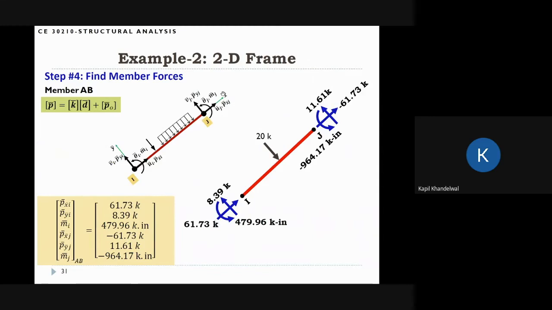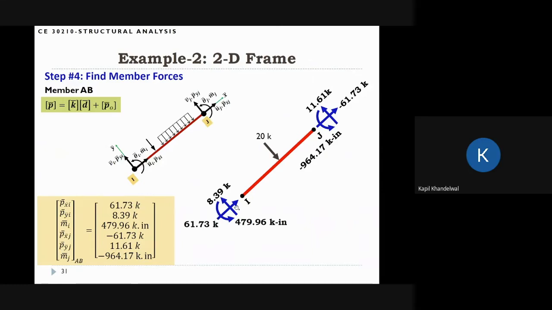Pyi is minus 61.73. So this is Pxi, this is Pxj. Pyi is actually 8.31. So this is in the y direction. And this is the moment here. Similarly, Pyj is 11.61.